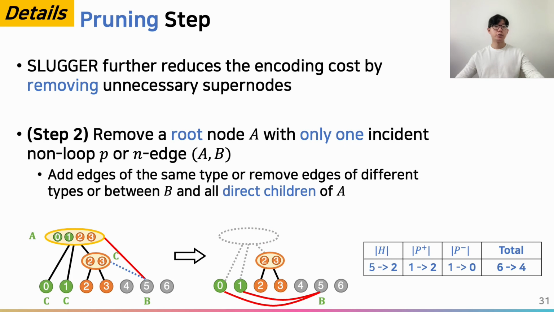Second, SLUGGER removes each non-leaf node with only one incident non-loop P or N edge. By replacing the edge with the edges to the direct children of the removed node, we can always reduce the encoding cost by at least 1. Moreover, a further reduction can be achieved when we can cancel out edges of different types, as in the example below.